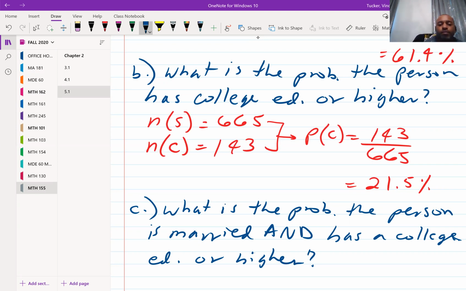All right, so part C says, what is the probability the person is married and has a college education or higher?